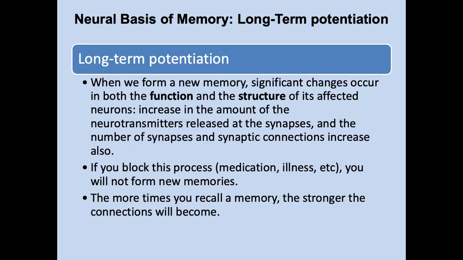So there are neurotransmitters released in greater amounts, and the number of synapses and synaptic connections made also increase, right? When we discussed neuroplasticity, this is basically neuroplasticity. This is exactly the same concept. We're just examining it from a different perspective. So when you create new memories, new experiences, you're creating new synaptic connections.